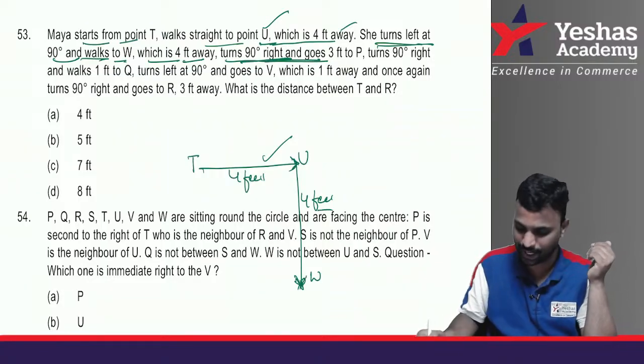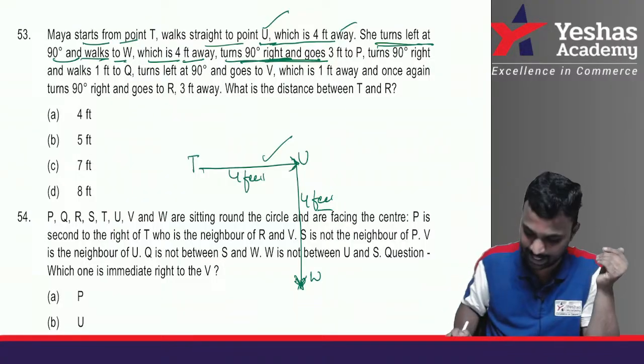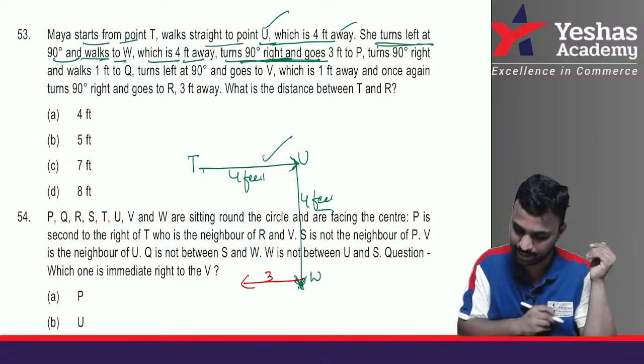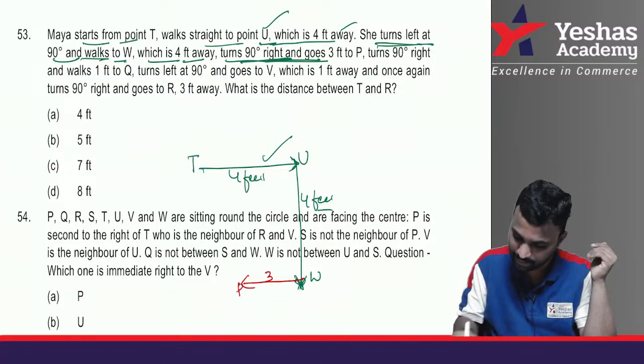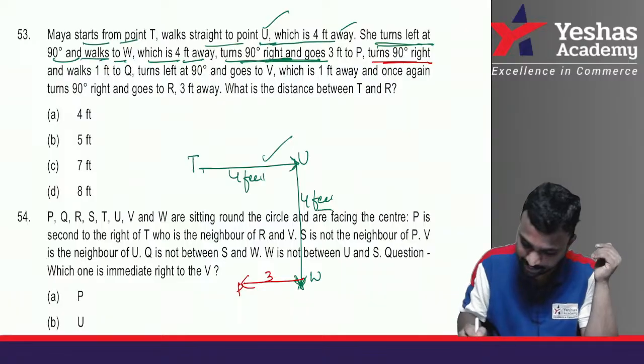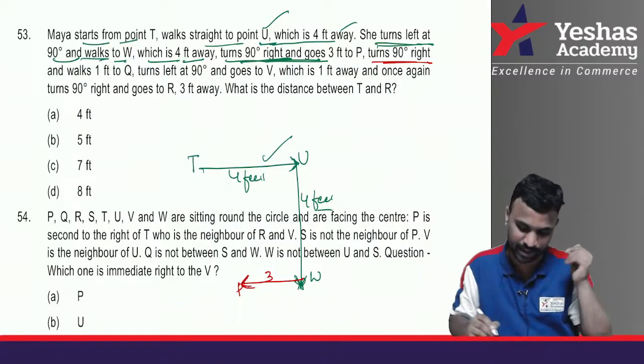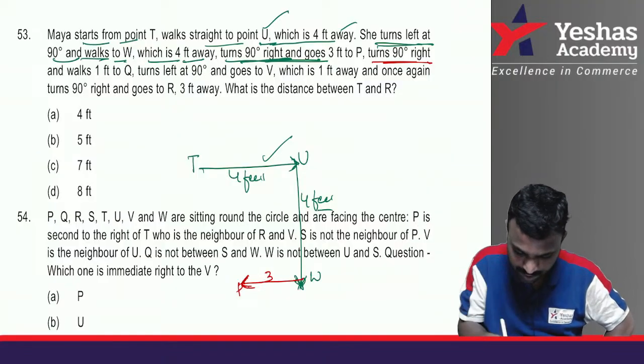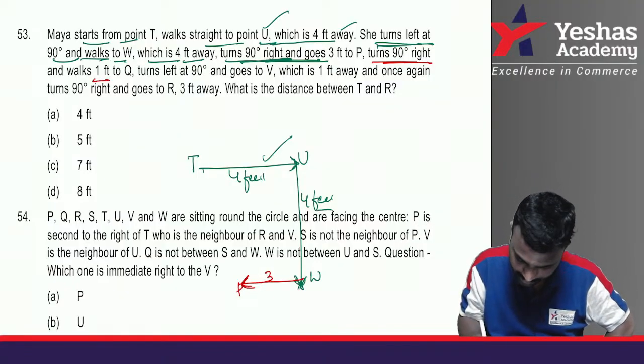She is going towards south. How many feet did she go? Only 3 feet, towards P. Then finally turns 90 degrees right. Tell me, going towards west, right is which side? Right is upwards. How much distance does she go? 1 foot towards Q.